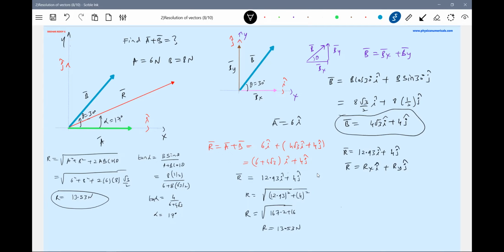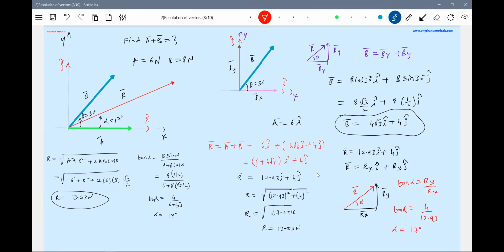So the vectors will be Rx bar, this is Ry bar, and this is the resultant. This alpha, tan alpha, is Ry by Rx. So Ry is 4, Rx is 12.93. Solve it, you'll get alpha, the same value.